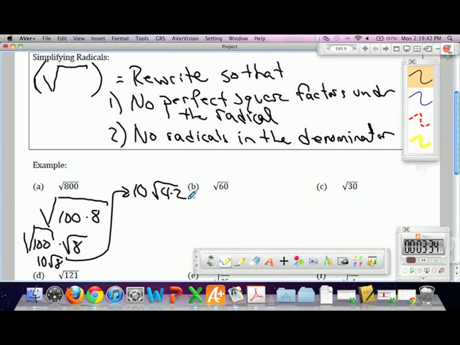So this is 10 times 2 times root 2, the square root of 4 being 2. So what is this best written as? 10 times 2, 20 root 2. There are no more perfect squares other than 1 that go in here, and there are no radicals in the denominator. This is our best answer. The square root of 800 is best written as 20 root 2.